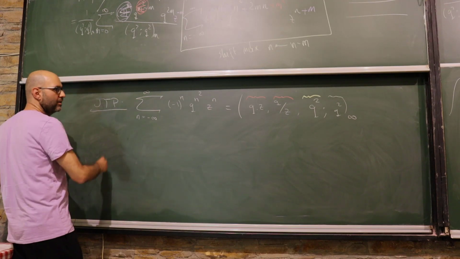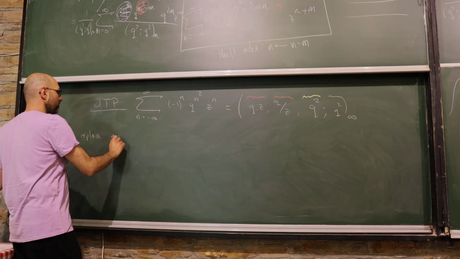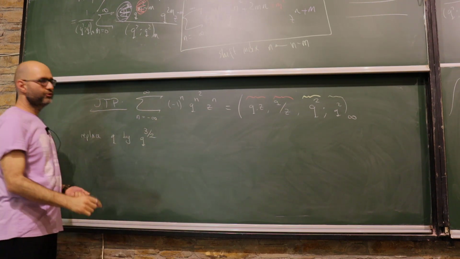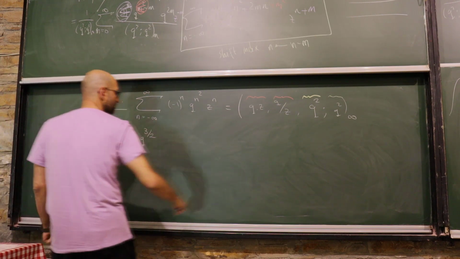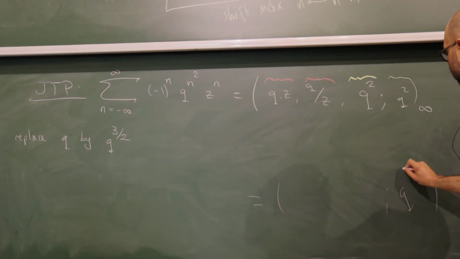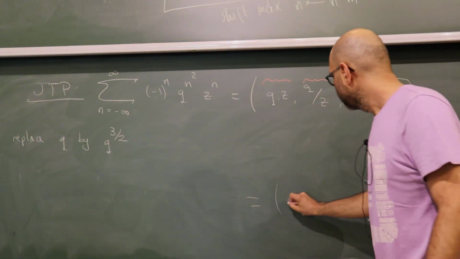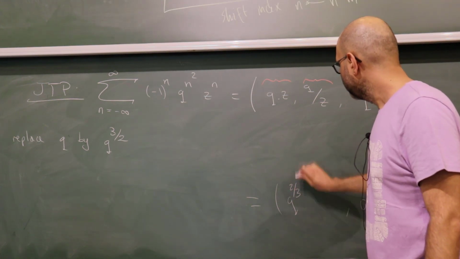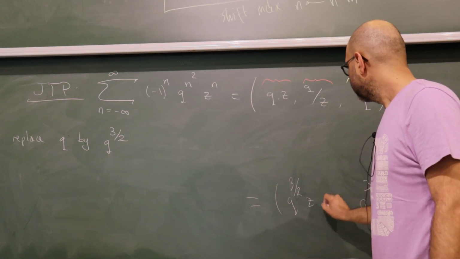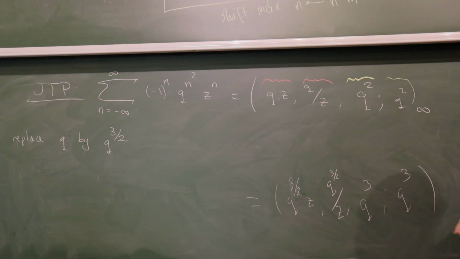So, replace Q by Q to 3/2. So we will have Q cubed here, and Q to 3/2 times z, Q to 3/2 divided by z.